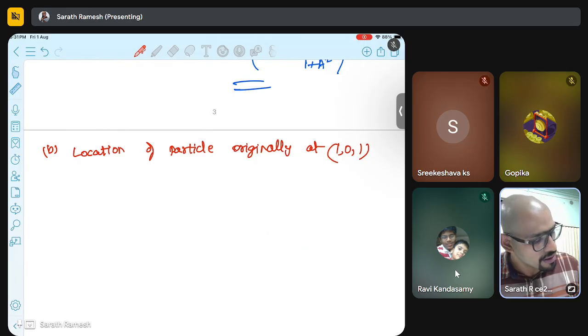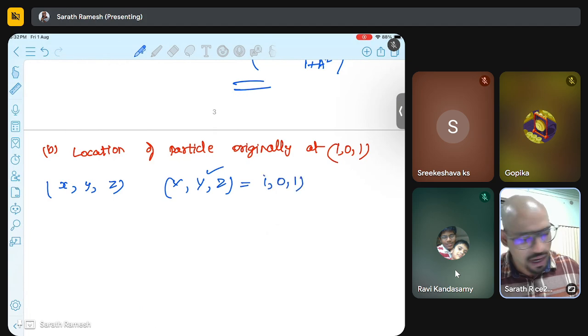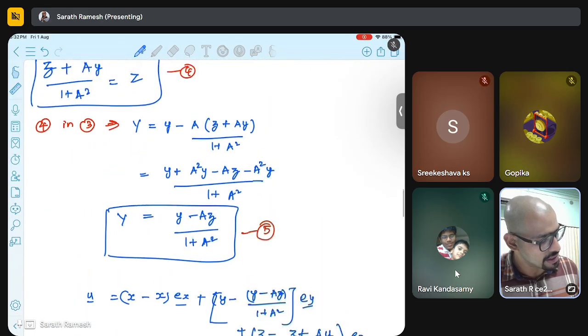So they have given capital X, capital Y, capital Z, or small x, small y, small z. Which one have they given in the question? This is the only thing we have to know. So originally means reference configuration. Reference means capital X, capital Y, capital Z. So this is equal to 1 comma 0 comma 1. And we have to find the location of where this particle at 1 comma 0 comma 1 went after the deformation, right? So we already have this relation.